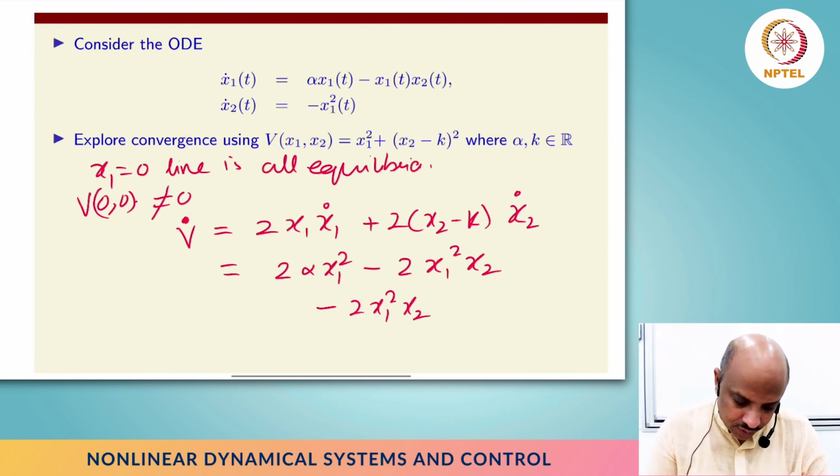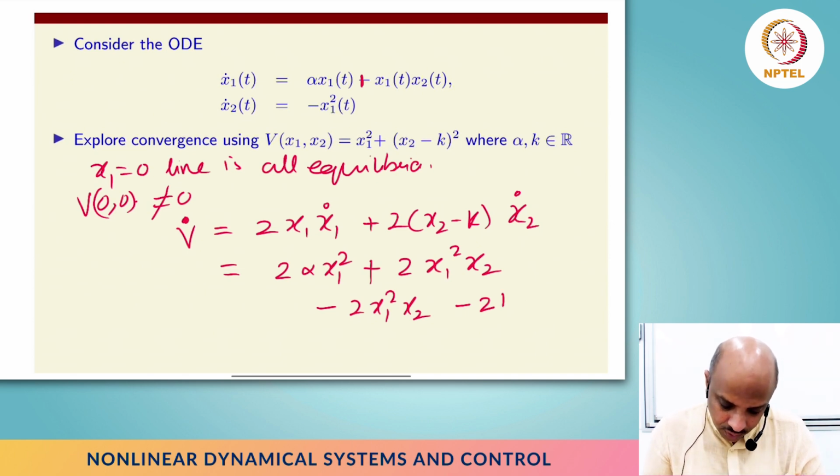Sorry, I think there is something wrong here. Actually, this problem works only if one of these is positive, right? I'm going to assume that the first part is positive, so that way I'll get this plus, and this one will remain negative, and then of course we have minus 2k plus 2k x1 square, right?